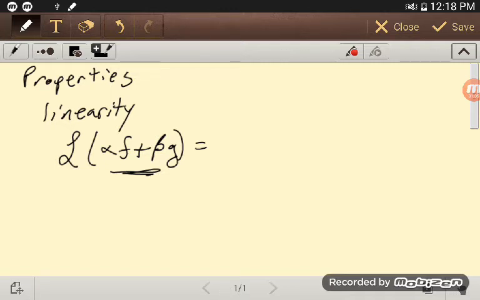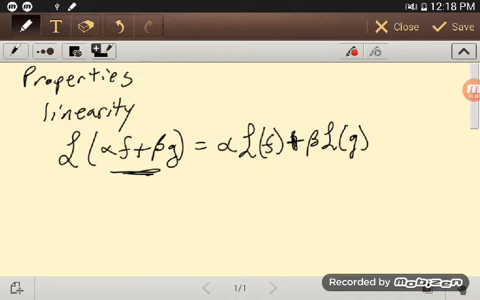I can do the Laplace transform on each of my functions first, and then multiply them by their constants that were out in front, and also then add them together. So that's this linearity property.